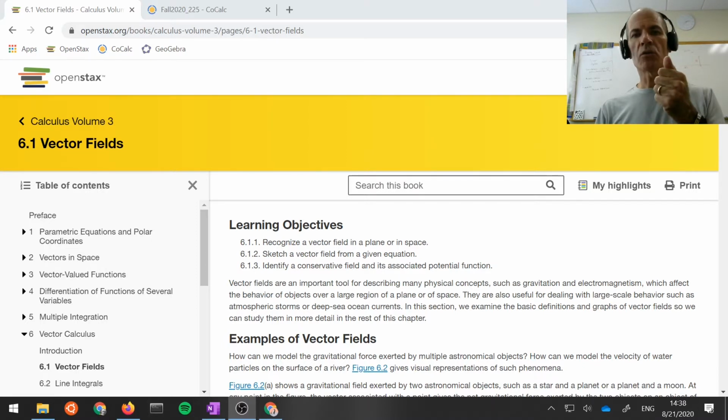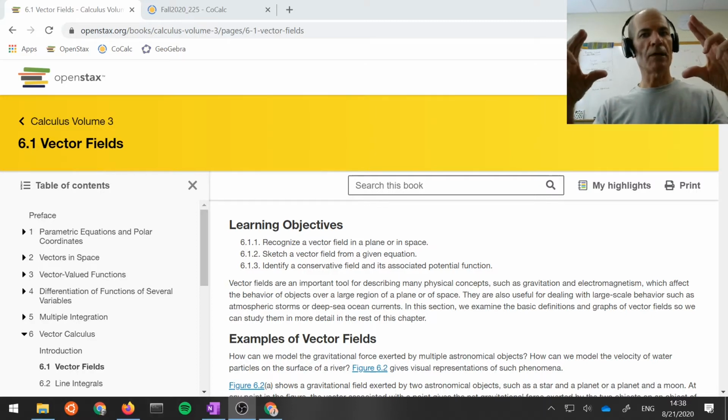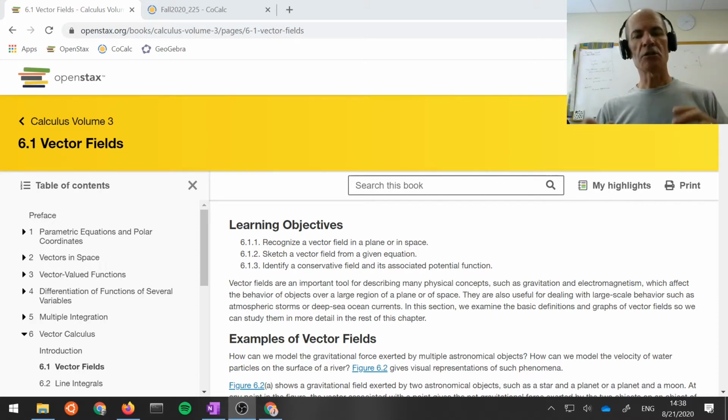Remember that when you take the gradient of a scalar function f, you get the vector that is the partial of f with respect to x, partial of f with respect to y, partial of f with respect to z. You get this three-dimensional vector. That's a vector field. It turns out to have really special properties, properties that we'll explore extensively in the coming sections.